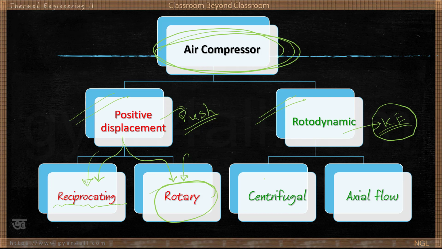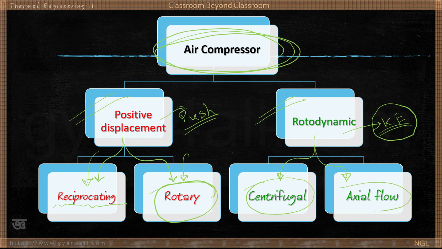And for rotodynamic, in which the kinetic energy is converted to pressure energy, the principle may be centrifugal. The flow is centrifugal. The impeller forces the air in the centrifugal direction, that means in the direction of the tangent of the impeller.